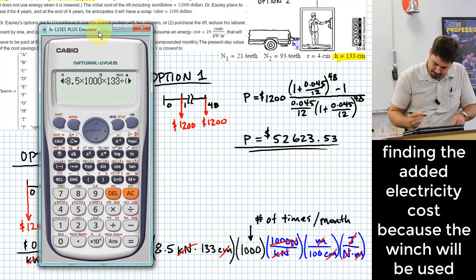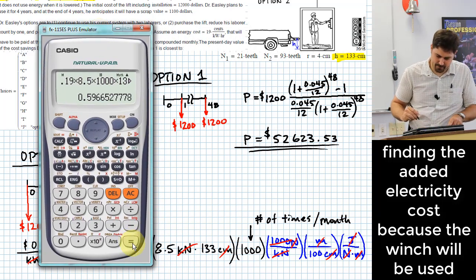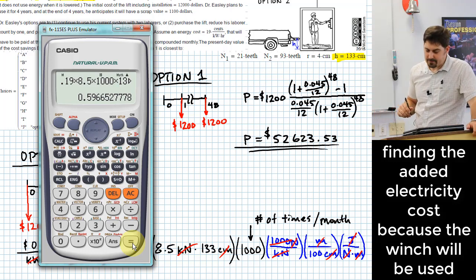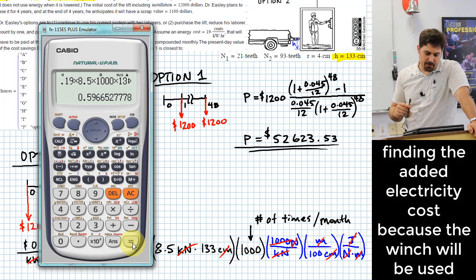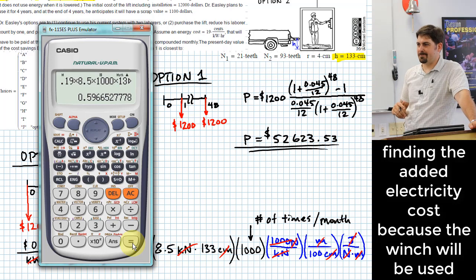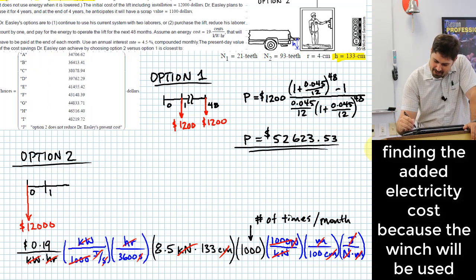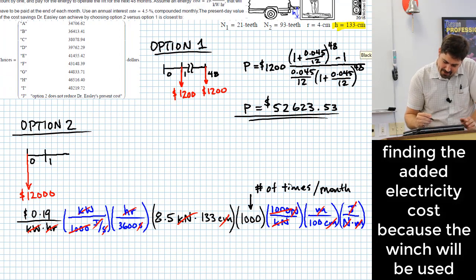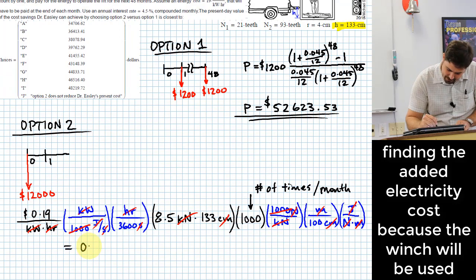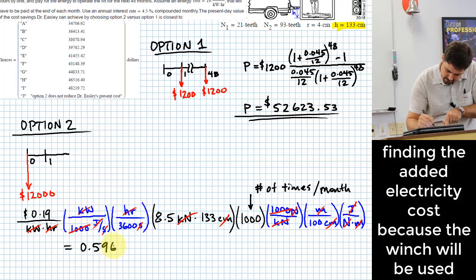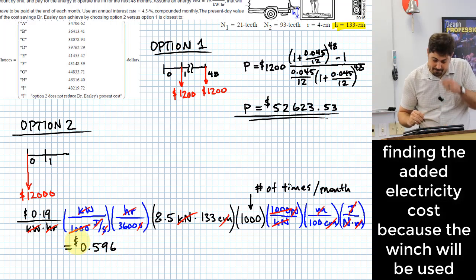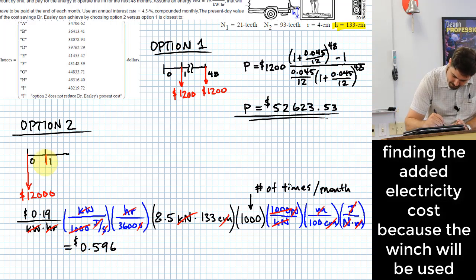Okay. All right, so 19 cents per kilowatt hour leads to a cost here of 59 cents a month, 60 cents a month-ish. Okay? Doesn't seem like that's a whole lot, and that's actually probably true. $0.596 a month. So that goes right here.